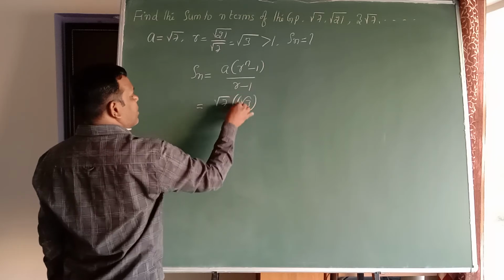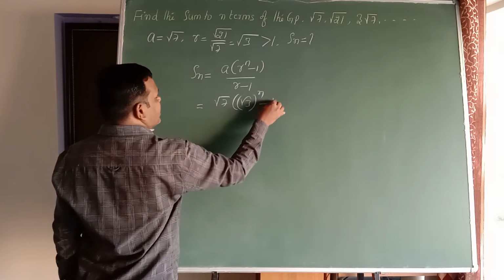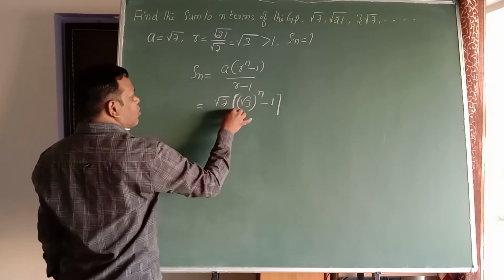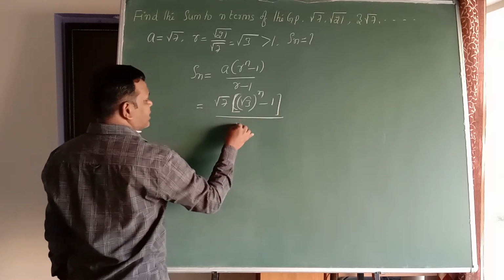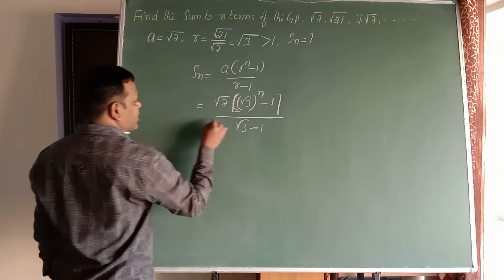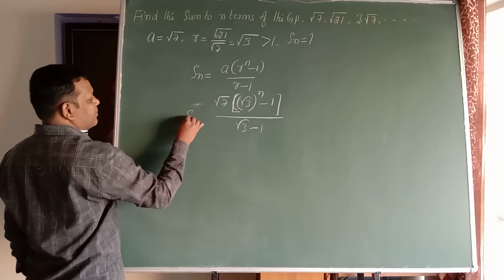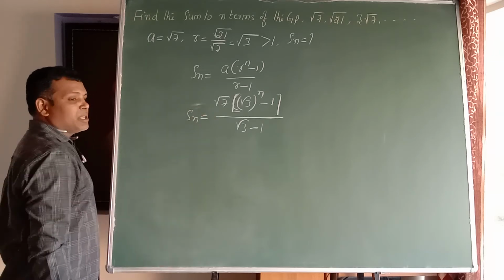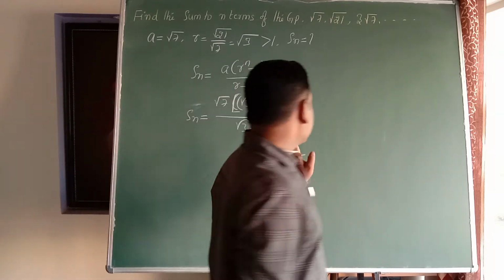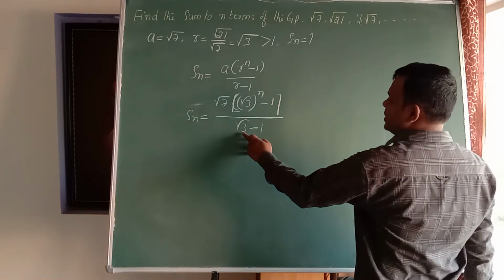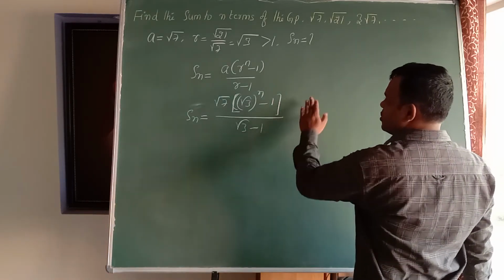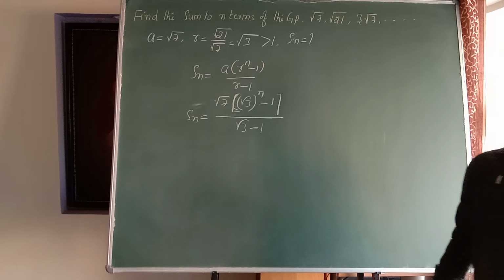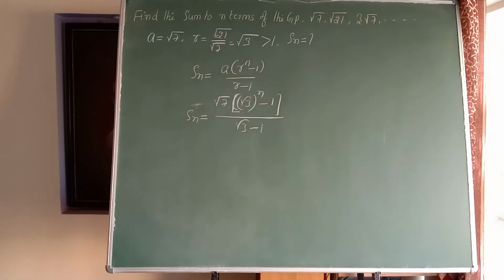Root 3 power n minus 1 whole divided by R minus 1, nothing but root 3 minus 1. This is what Sn. You can keep the solution here itself, or you can simplify. Here in the denominator we have root 3 minus 1. You can rationalize it, then also you will get the solution. But it is enough. That's it.